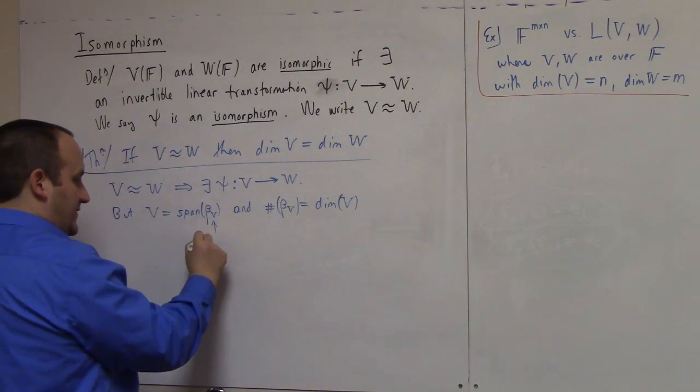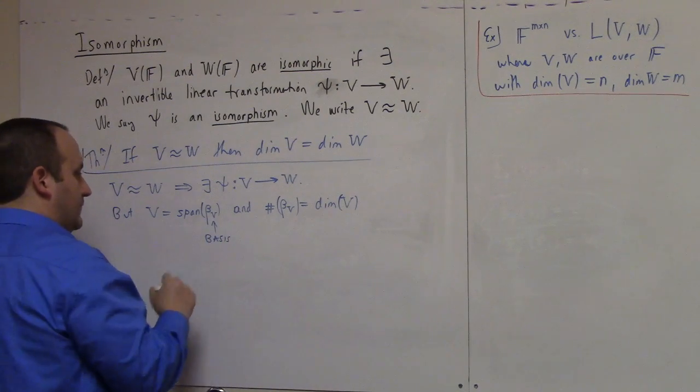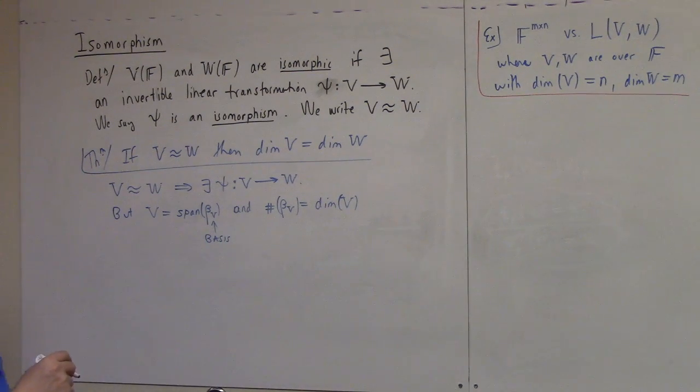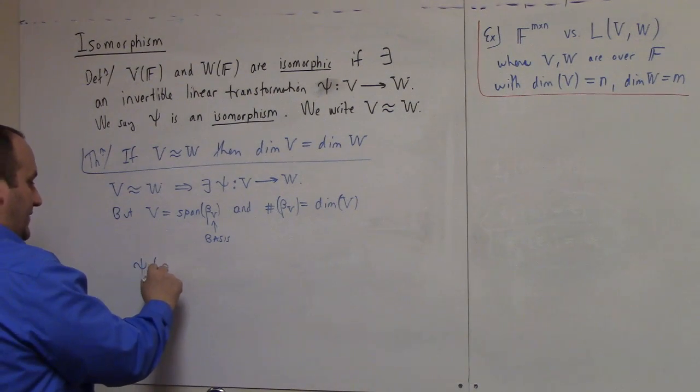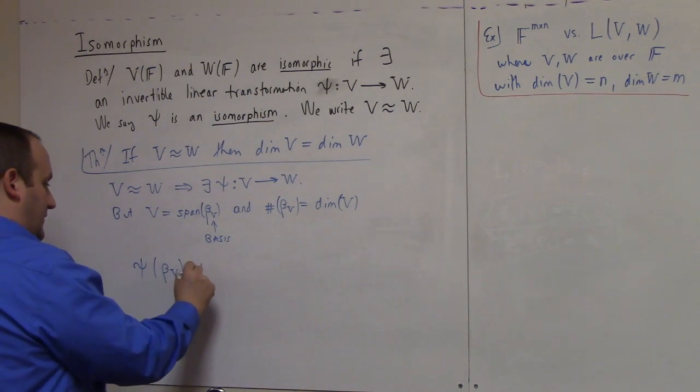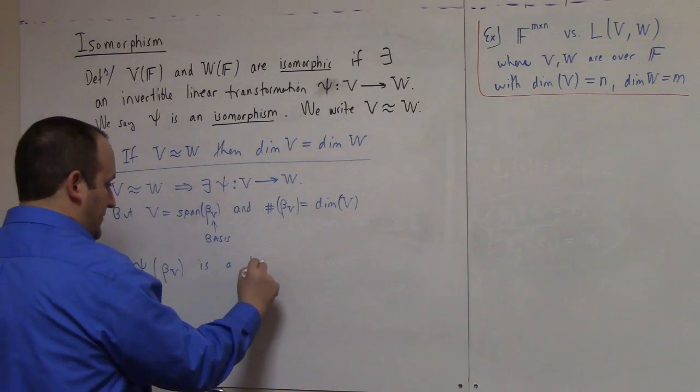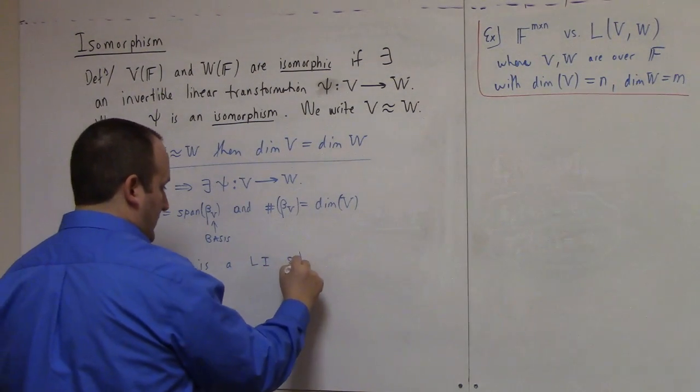So suppose that's a basis. Note that psi of beta sub V is a linearly independent set.